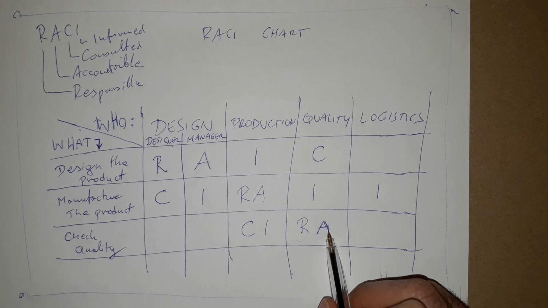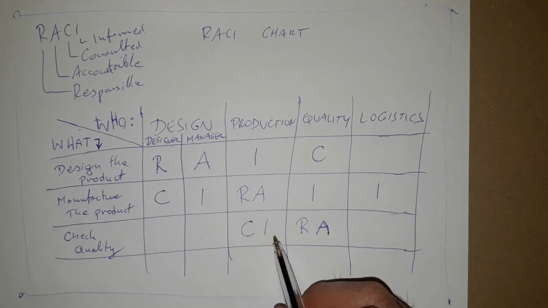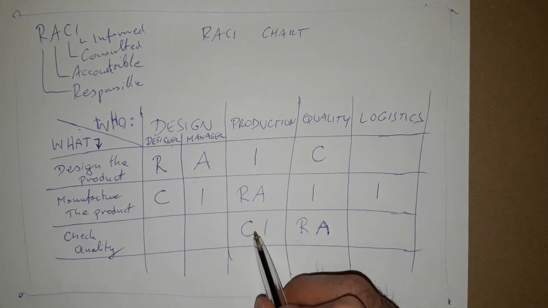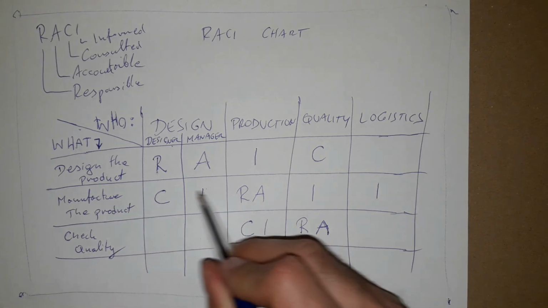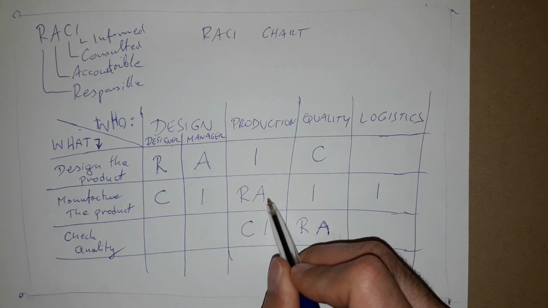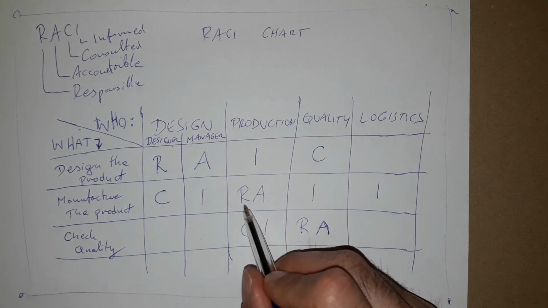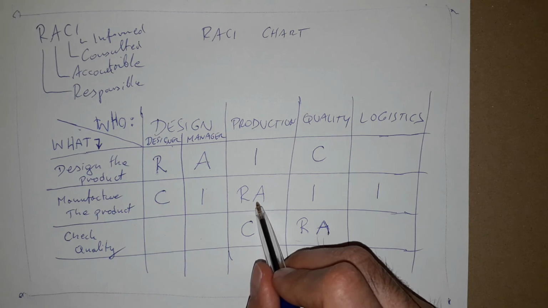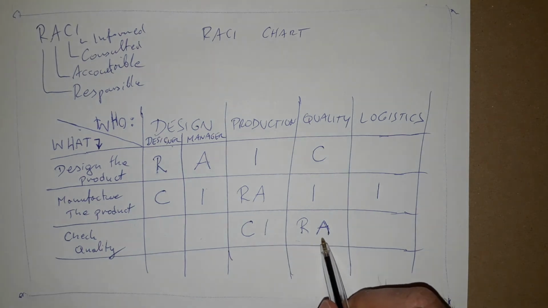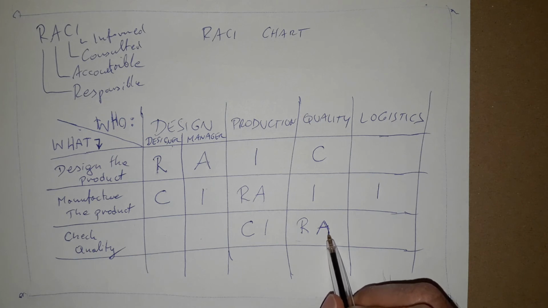Of course, then we can track back and say, hey, the production was made badly. So then we come back to the process of manufacturing, and production was accountable for making a good product. So they are responsible and accountable to produce a nice product, but then quality is responsible and accountable to do a correct quality check.